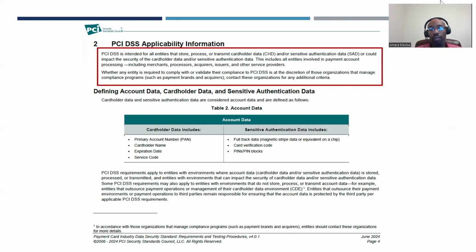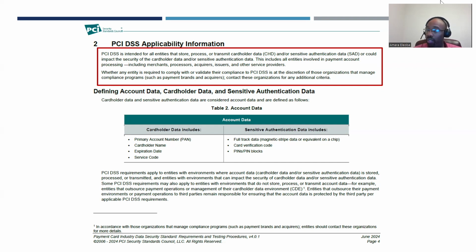It's very important that these entities are required to comply with or validate their compliance to PCI DSS. However, it is at the discretion of those organizations to make sure that a third party performing some sort of payment processing is PCI compliant.